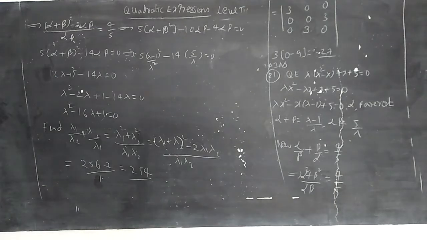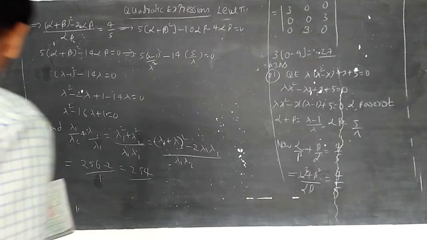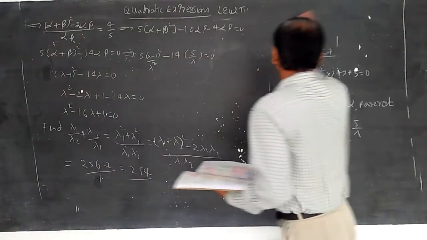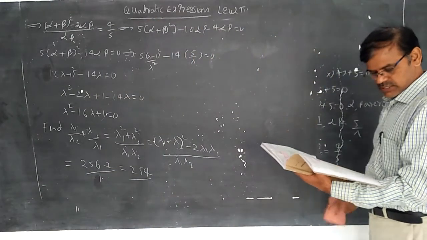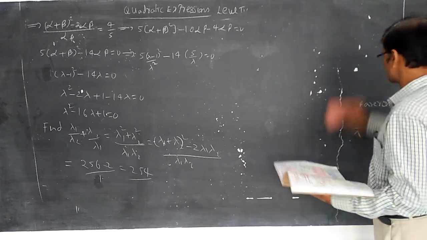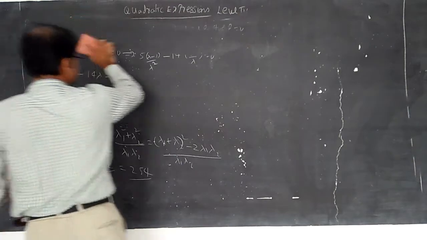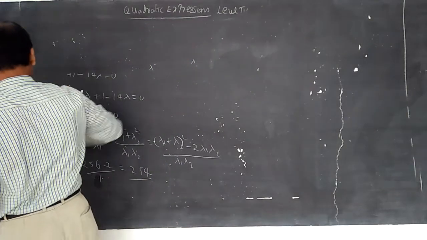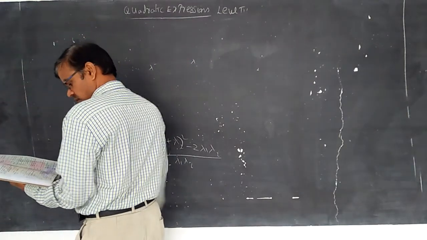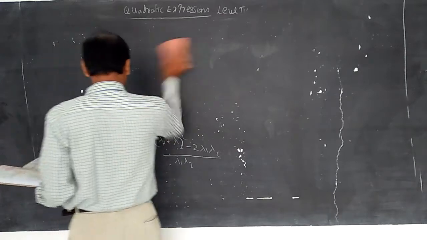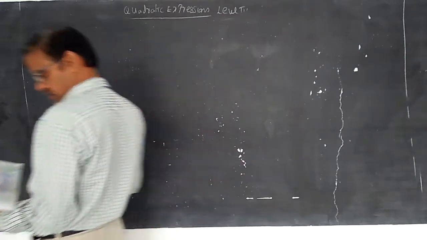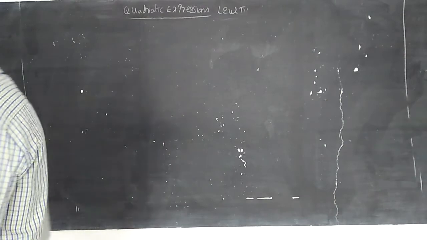22nd question. If alpha, beta are the roots of the equation ax square plus bx plus c equal to 0, then the value of 1 plus alpha square into 1 plus beta square is equal to dash.